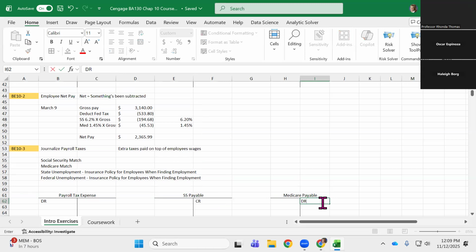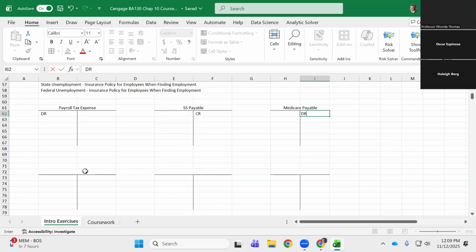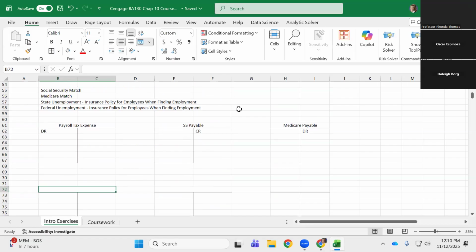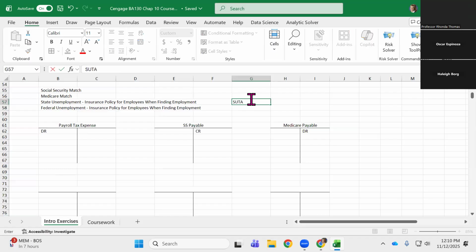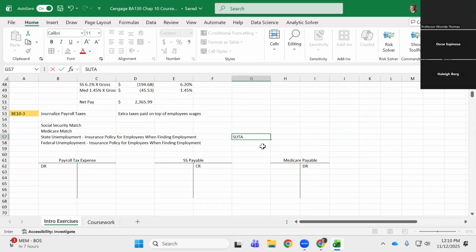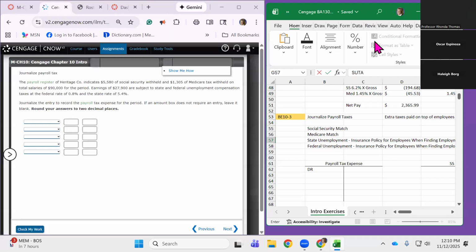And then we're going to have a state unemployment. By the way, state unemployment is known as SUTA. If you ever see those initials at a business, that is referring to state unemployment tax, and it is 5.4%.